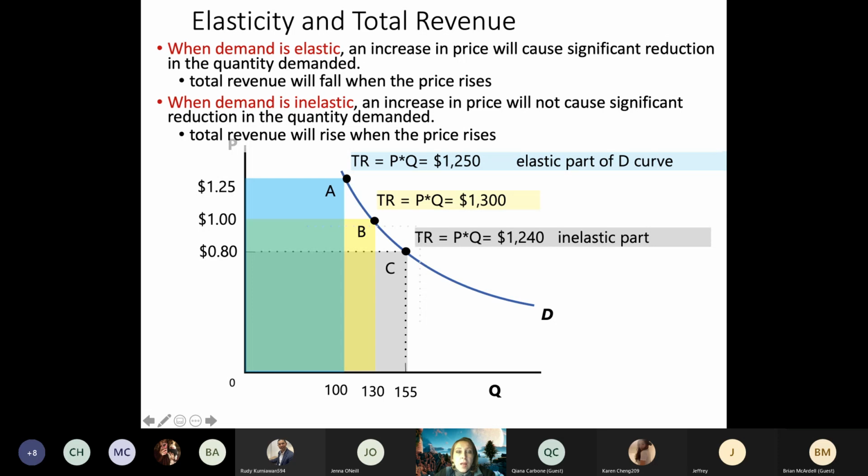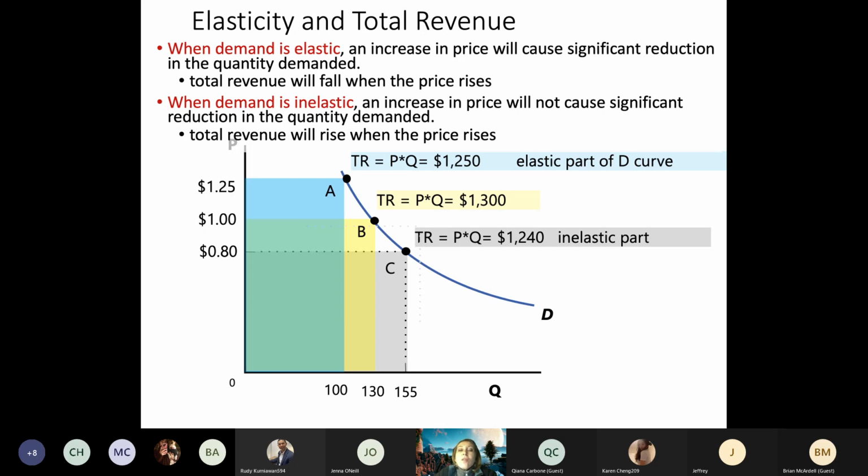So between A and B, demand is elastic. We even saw on the previous slide that on the higher portion of the demand curve, demand tends to be elastic, whereas on the lower portion of the demand curve, demand tends to be inelastic.